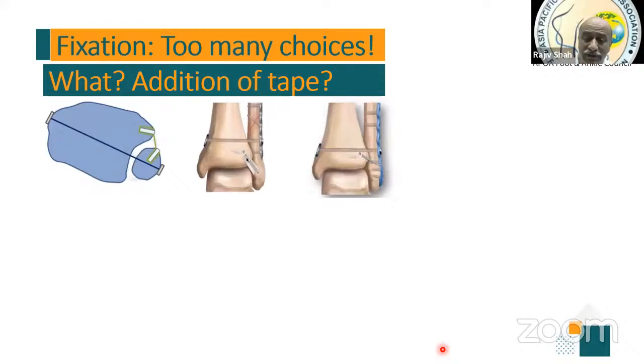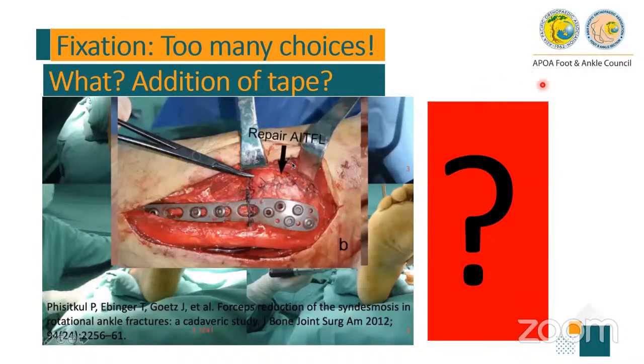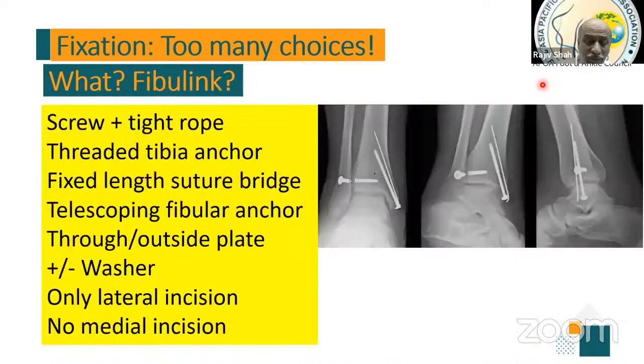Addition of tape is being done by people. I have not done it routinely unless there is a very bad wax stuff or a Chaput fragment fracture. People have also started doing repair of the AITFL and putting in a brace. I've done it in one or two cases, not otherwise.